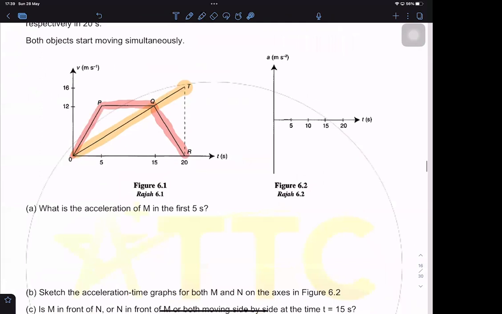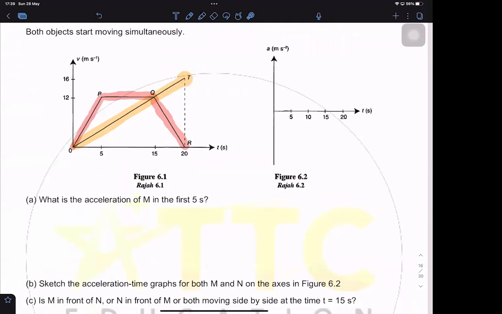What is the acceleration of Malaysia in the first 5 seconds? So here, first 5 seconds. Again, SVA. Go down, gradient. Go down, gradient. Up, area. Where are we now? We are given the velocity-time graph, and we are finding acceleration.